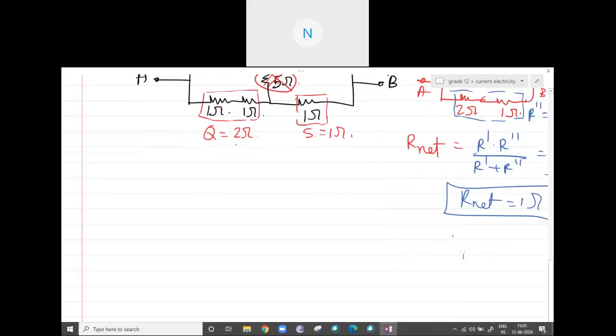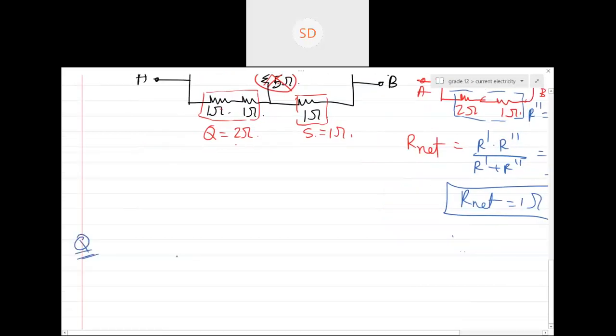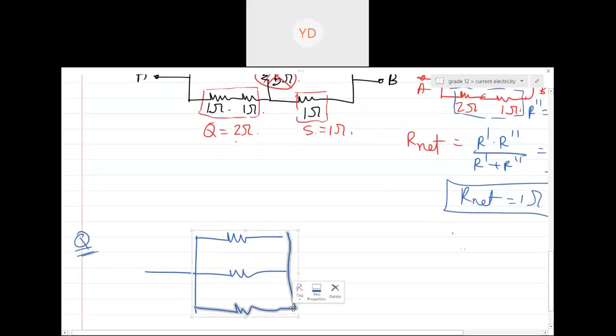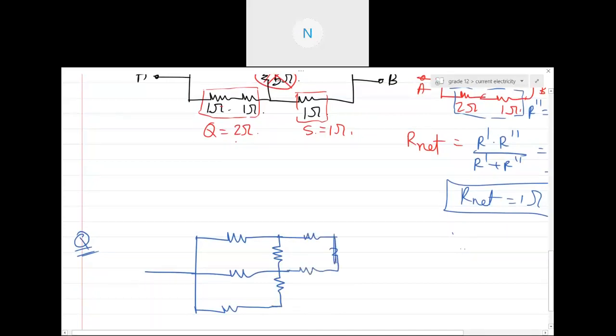So this is one very basic question which I have given. So do this. How will you deal with this? Tell me. This is 1 ohm, this is 2 ohm, this is 3 ohm, this is 2 ohm, this is 4 ohm, this is 6 ohm.